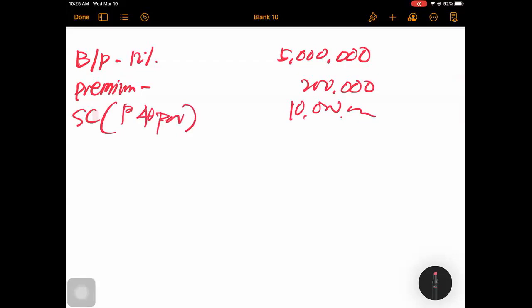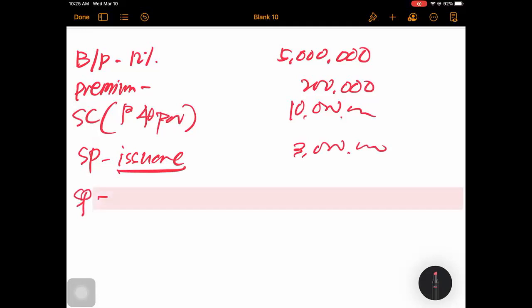Then you have share premium from the original issuance, that's 3 million. And you have share premium for conversion privilege, which is given in the problem as the computed equity component, of 500,000.